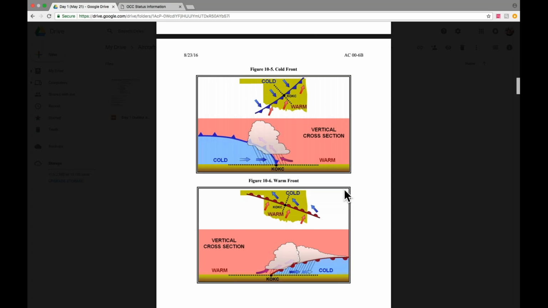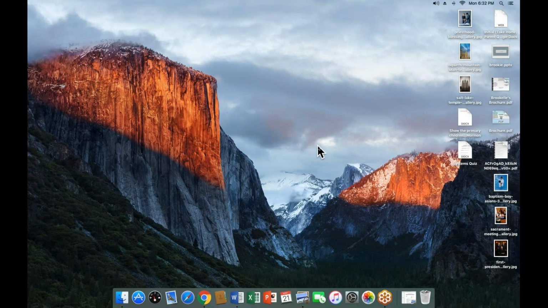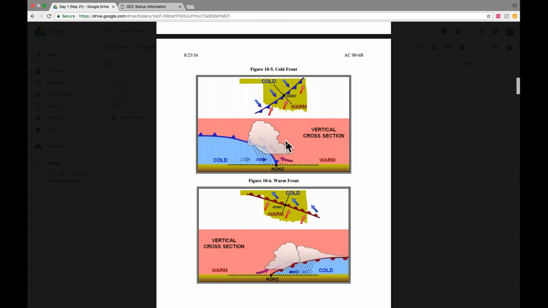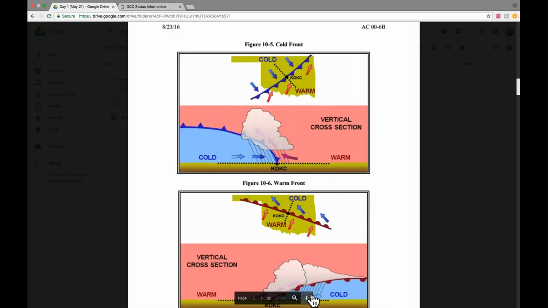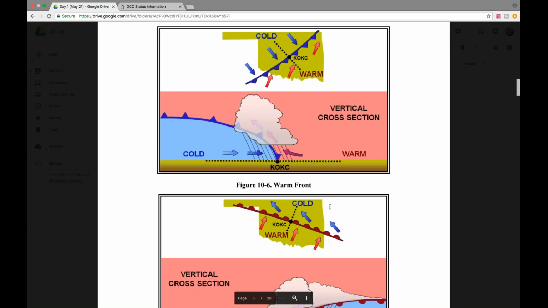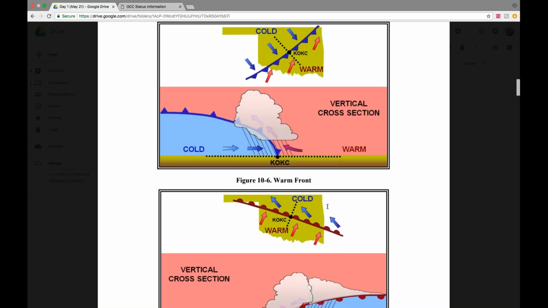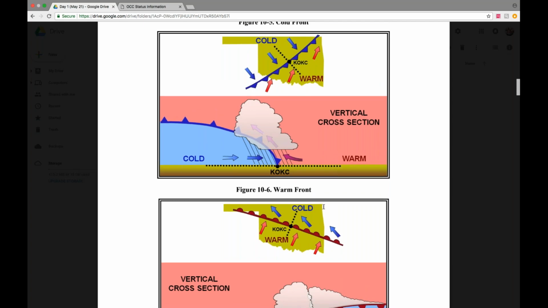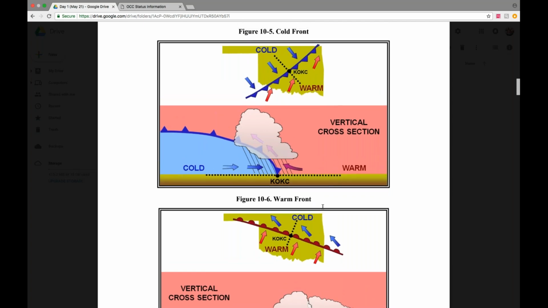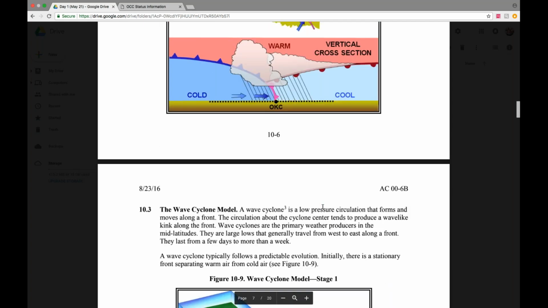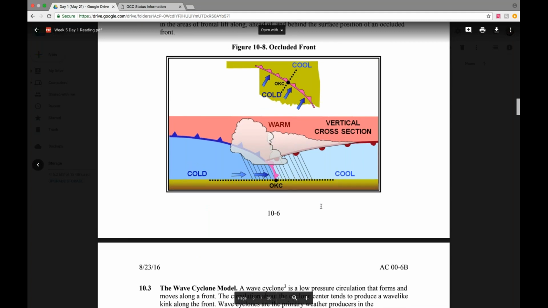I'm just trying to absorb the idea of the cold air, warm air combinations, and it showed a graphic of two cold air masses that were converging underneath a warm air mass.